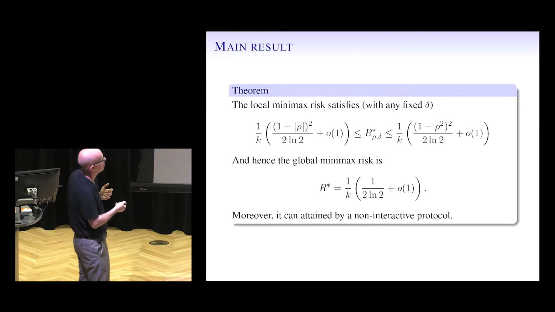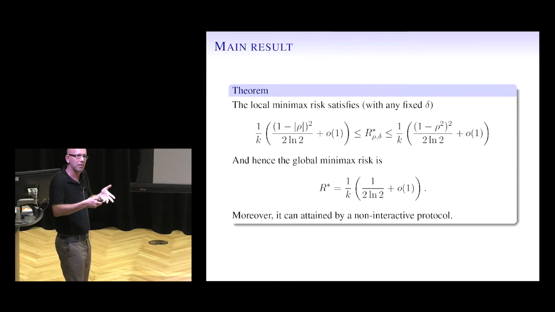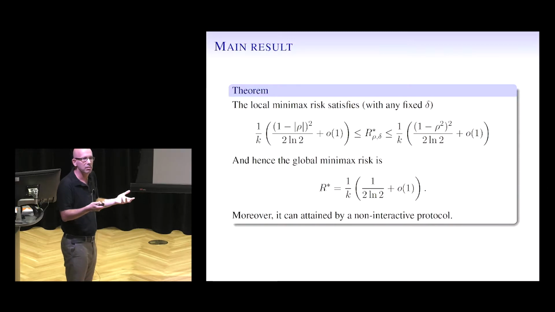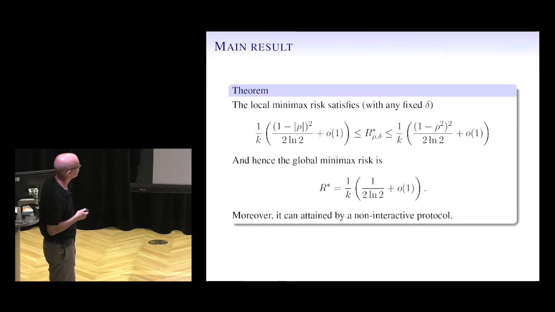So R star, the global min-max risk, is 1 over k times 1 over 2 ln 2 plus some negligible things. Nicely, this behaves as 1 over k, which in a centralized case, the min-max risk would behave like 1 over n, the number of samples. We've seen that before. And here it's like bits and samples. There's a constant exchange rate between them.